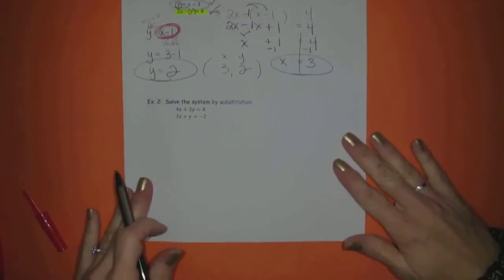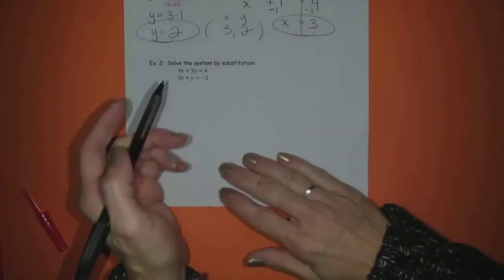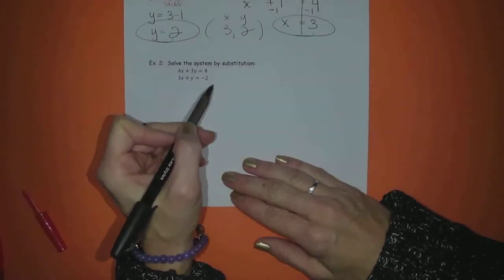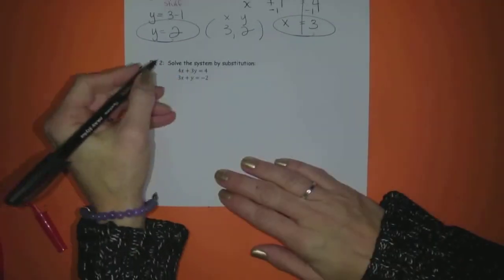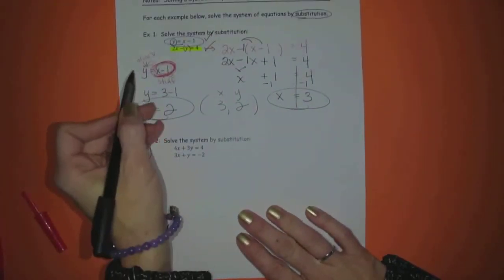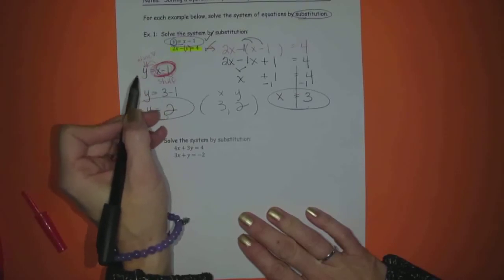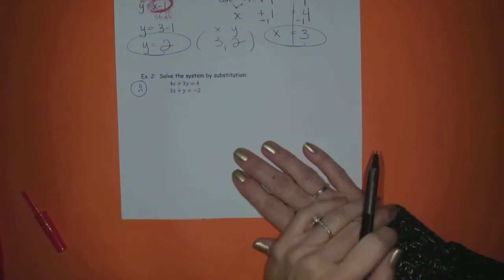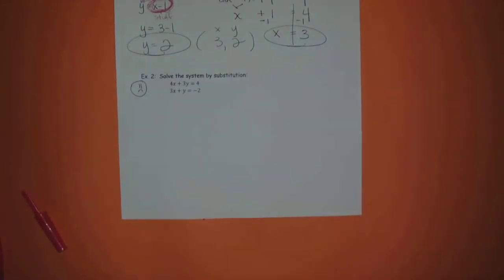Okay, let's look at example 2. All right, example 2. You've got yourself 2 equations that are both in standard form. That's a frown, because we need to find a variable alone. In neither of these equations has the x or y alone. But you've got to make a decision.